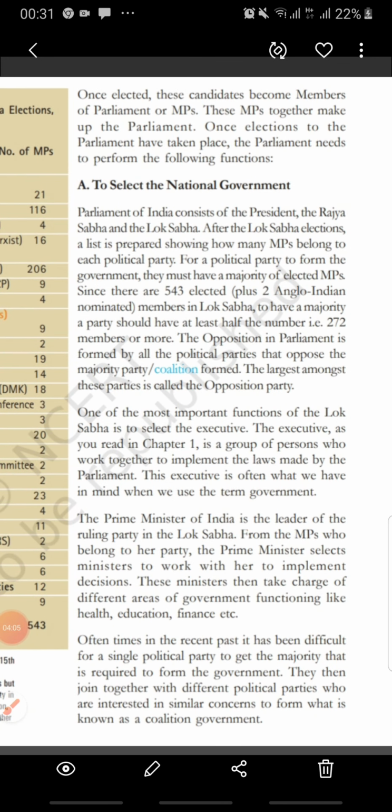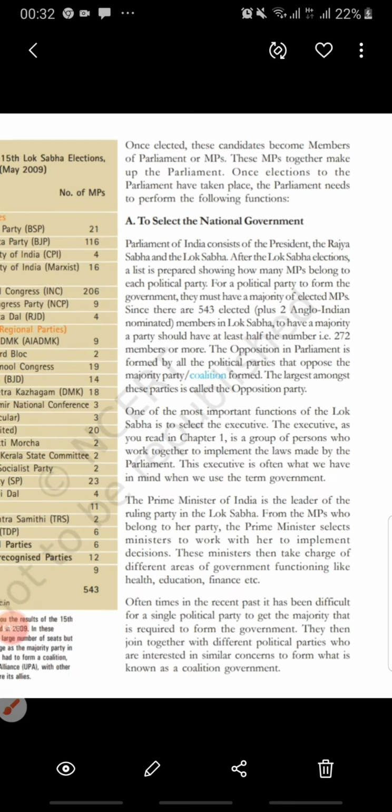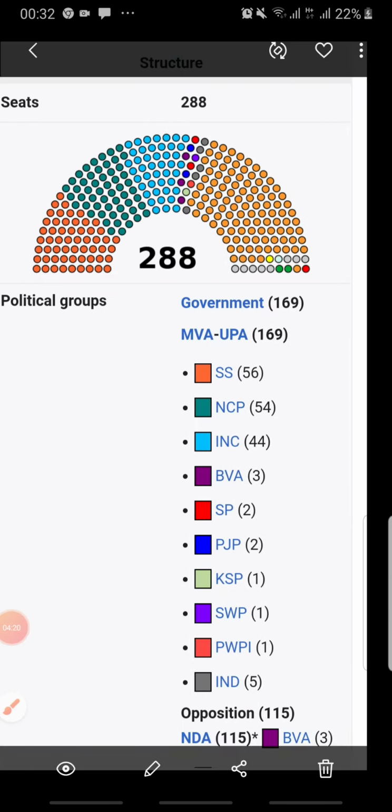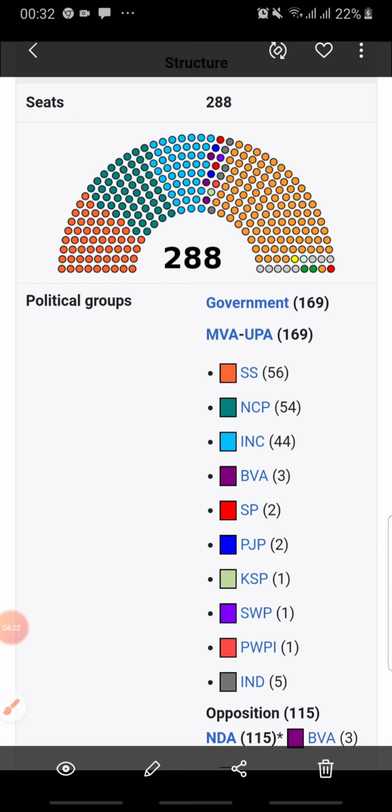Okay children. Now in recent times, it has been seen that during elections, a single party has failed to get more than 50%, that is 272 seats in Lok Sabha, which is a requirement to form a union government. In such a case, they join hands with other political parties who offer their support.